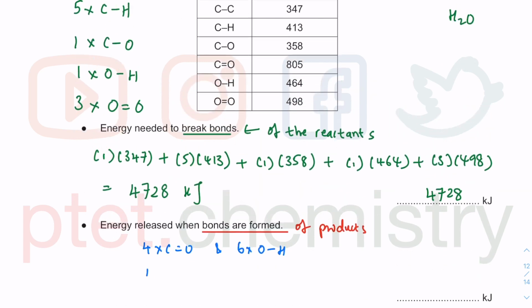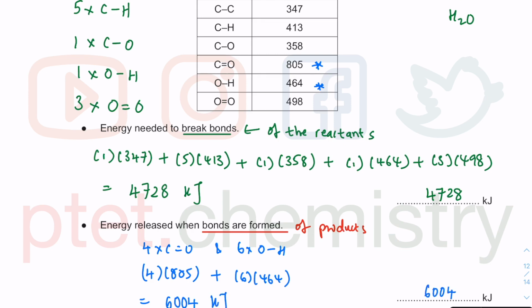So 4 times 805 for the C double bond O, and then 6 times 464 for the 3 water molecules. So 4 times 805 plus 6 times 464, I get 6004 kilojoules.